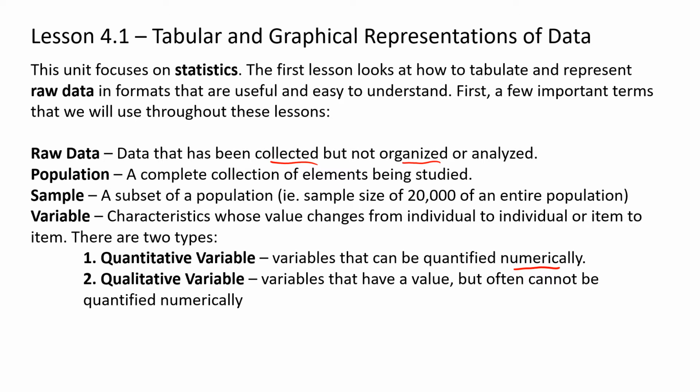Those are quantitative variables because if it says 25 degrees Celsius that day, it's a quantitative measurement. Qualitative are variables that have a value, but often they can't necessarily be quantified numerically. We can look at qualitative variables when we talk about pie charts, and some versions of bar graphs.